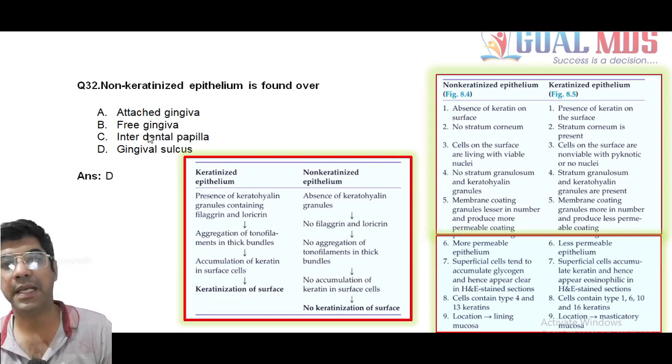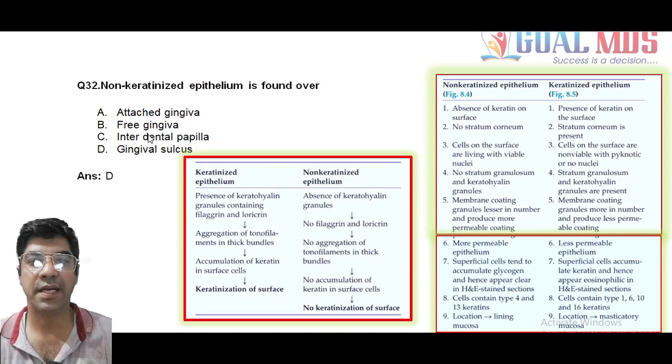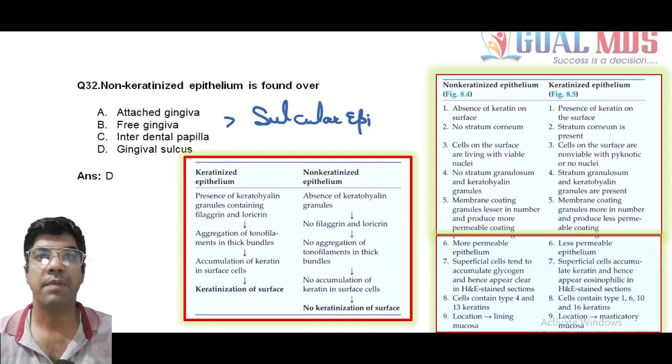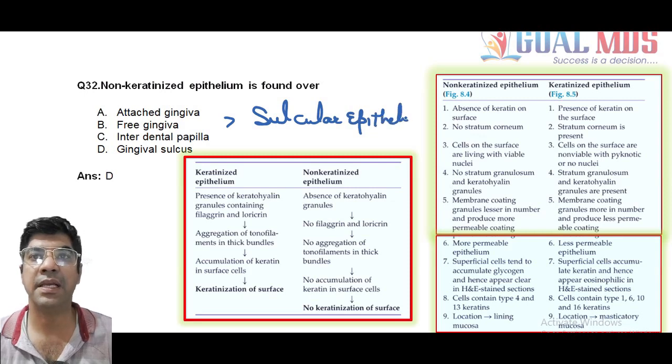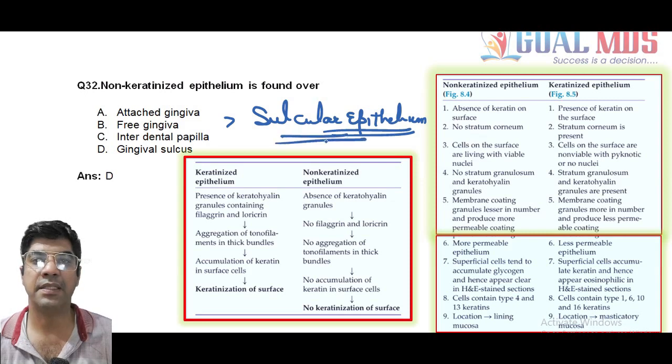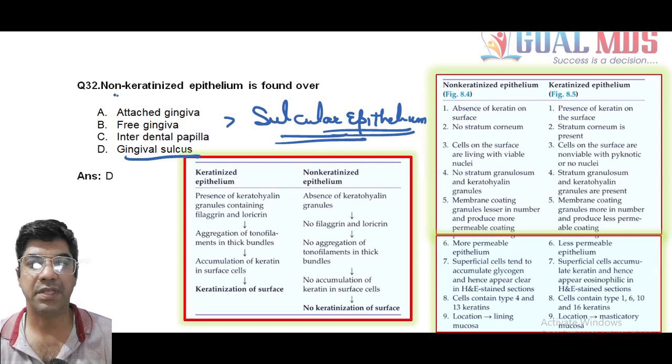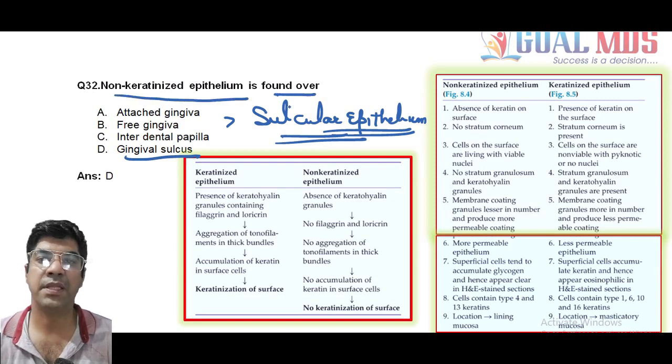The non-keratinized epithelium is typically found in areas of oral mucosa that are more flexible and require greater adaptability, like the lining of cheeks, lips, floor of mouth, etc. The sulcular epithelium is the epithelium that lines the gingival sulcus, and as we know, it is non-keratinized.